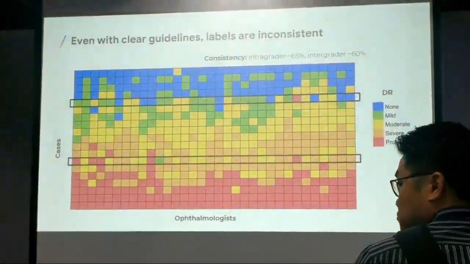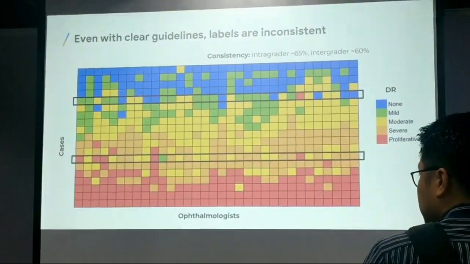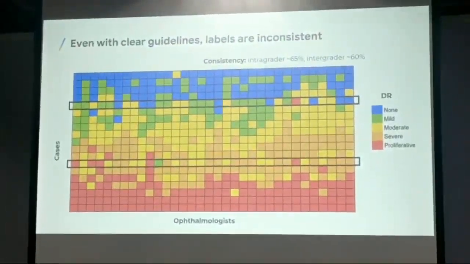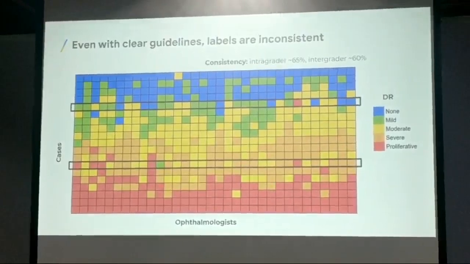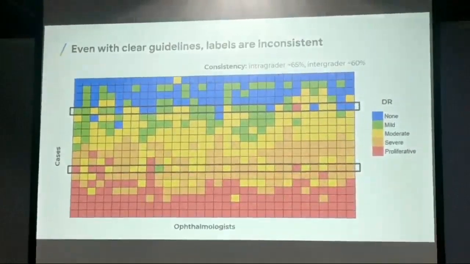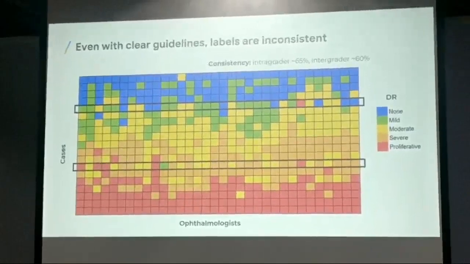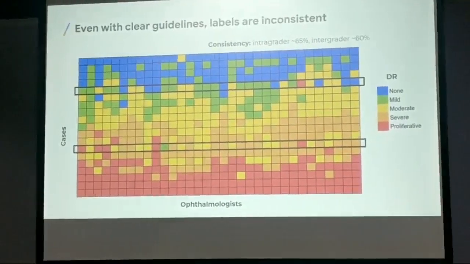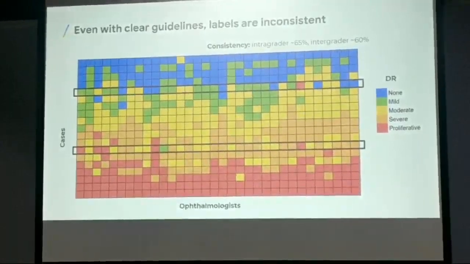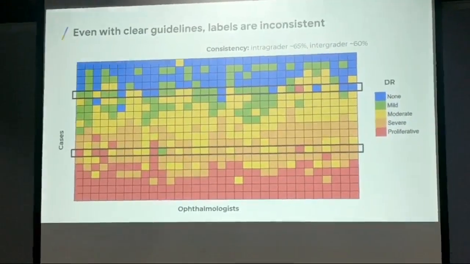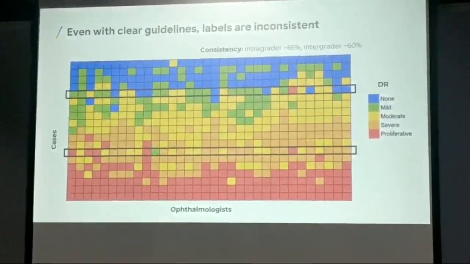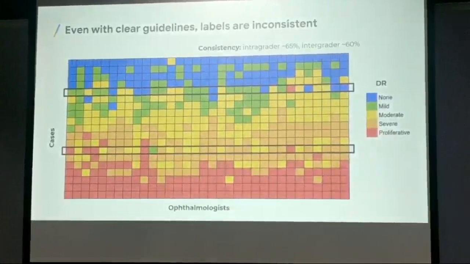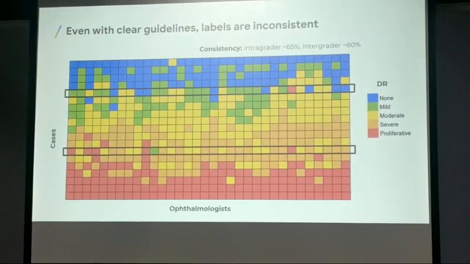So when our team first started, the first task they took on was diabetic retinopathy. And one of the reasons they took this one, and Fred already showed this part, is because the ICDR is a widely accepted severity scale for diabetic retinopathy, which can easily be translated into clear grading guidelines. And even when we have clear grading guidelines, this is what we get. If you look on the x-axis, these are the ophthalmologists, our graders, and on the y-axis are the cases, the fundus photos.